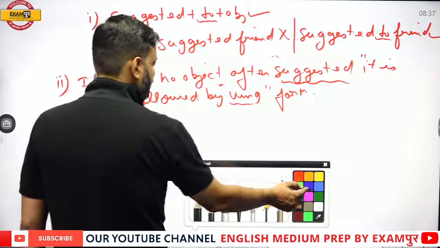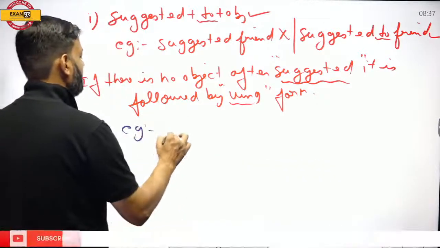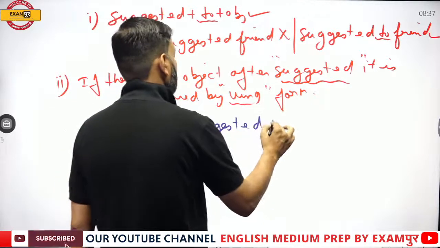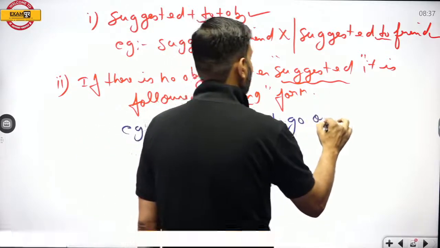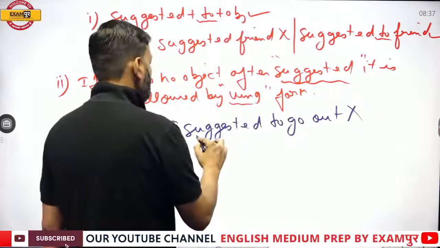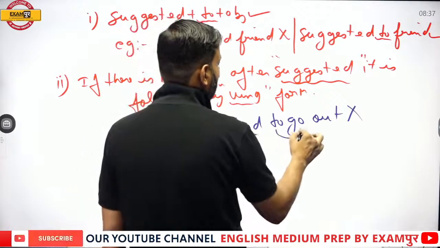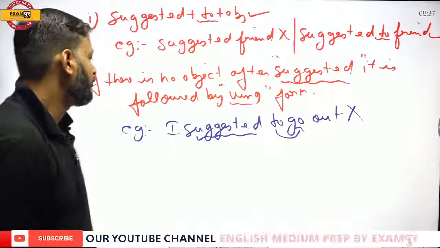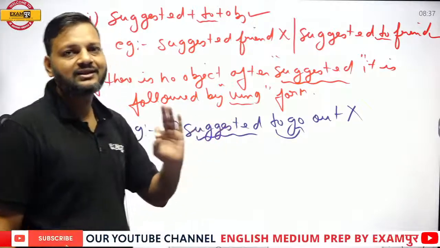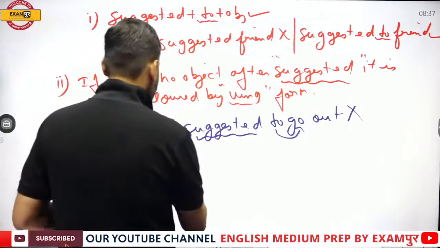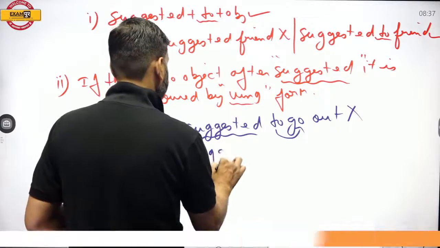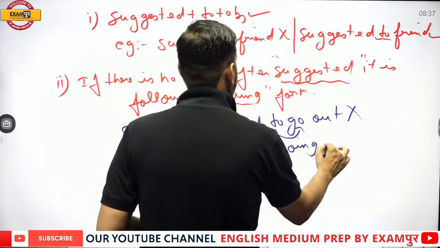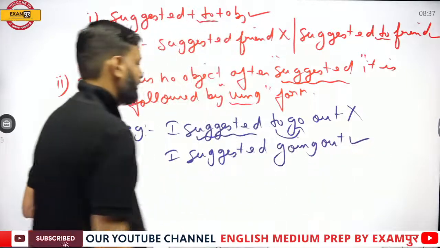For example, I suggested to go out. This is wrong. There is no object after suggested; to plus v1 is not the object, it is an infinitive. Object means noun or pronoun. So if there is no object after suggested, it should be followed by the ing form. It should be I suggested going out.